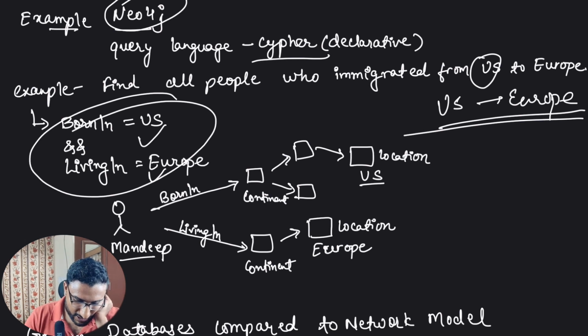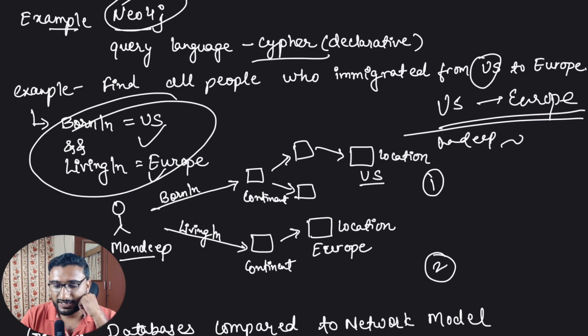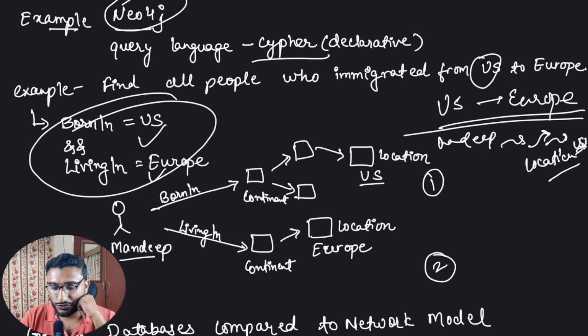Now, we can start from there in two ways. पहली वे कौन सी? What you can do, you start from each and every person. जैसे मैंने पहले मनदीप से स्टार्ट किया. I will keep on traversing the graph until I find location equal to US. ठीक है. So in this case you will have to iterate over all the people. मनदीप के साथ iterate किया, फिर user 2 के साथ iterate किया, फिर user 3 के साथ.